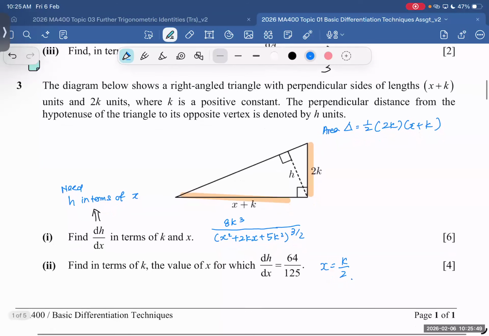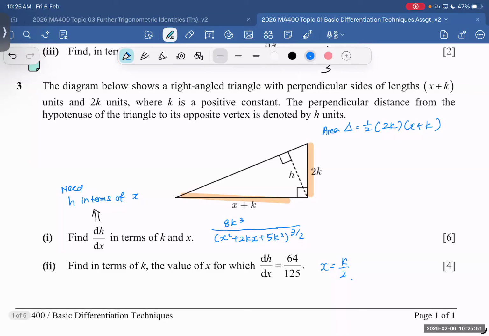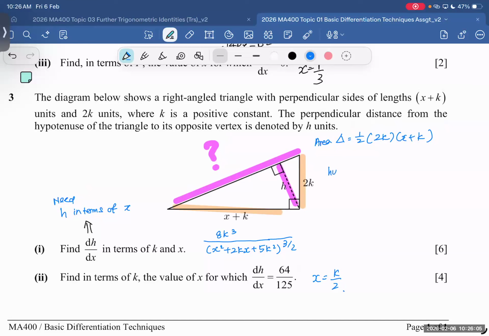Another way to look at the triangle's area is with the two pink lines. What is this? This is the hypotenuse, right? Now the hypotenuse squared is basically (x plus k) squared plus (2k) squared. Am I right?